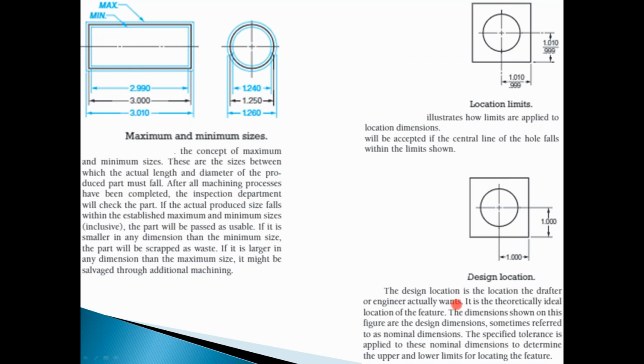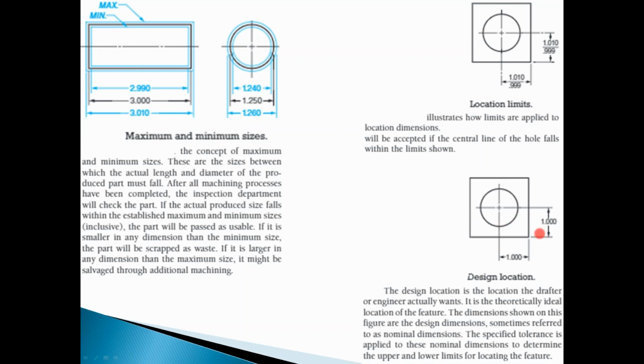Design location. The design location is the location the engineer actually wants. It is the theoretically ideal location of the feature. The dimensions shown in this figure are the design dimensions, sometimes referred to as nominal dimensions. The specified tolerance is applied to this nominal dimension to determine the upper and lower limit for locating the feature.